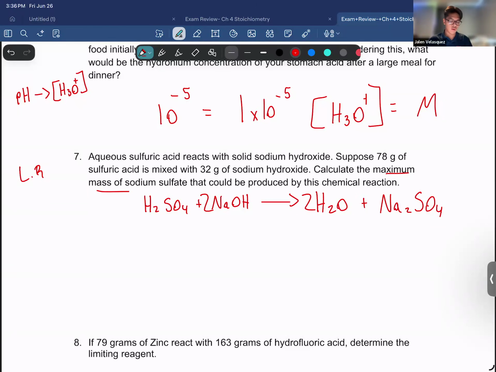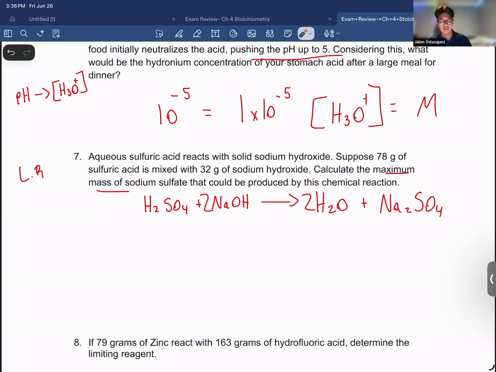So, with limiting reactant problems, you have to calculate from the starting amount of each of these reactants to figure out what is going to limit how much product you can make. I specifically say to calculate the maximum mass of the sodium sulfate. So I'm going to go from the grams of sulfuric acid and sodium hydroxide to the grams of the sodium sulfate.